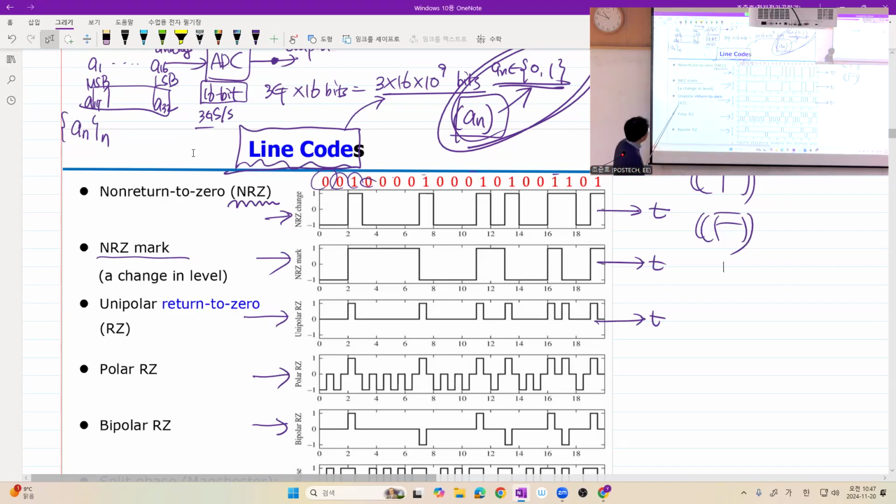But for return-to-zero, let's see this interval, okay? See that? You have a value 0. So the value of the line encoder, this unipolar RZ encoder output, goes to 0 at the end of each interval. Got it? In this way, they devised different line coding schemes, and different line coding schemes find different applications. And that will be covered in the next class meeting.